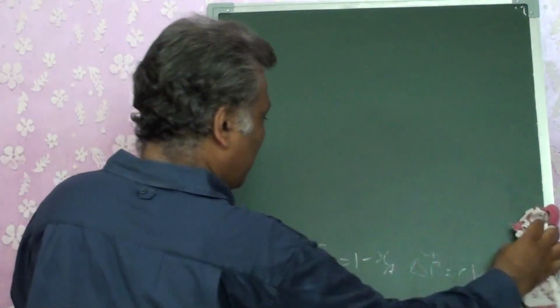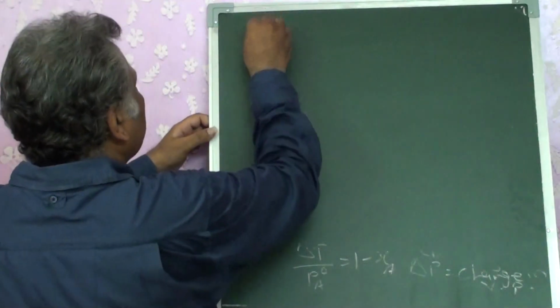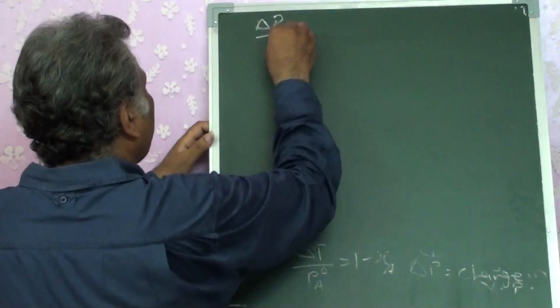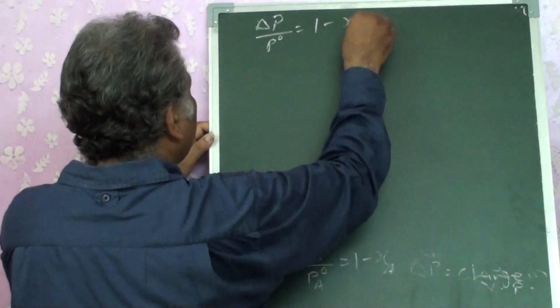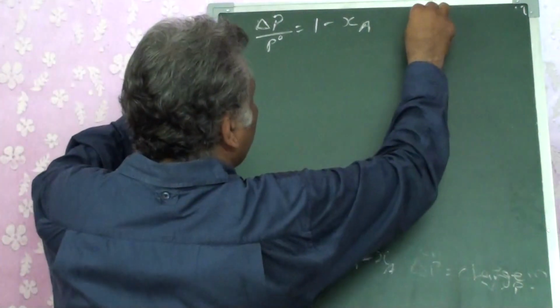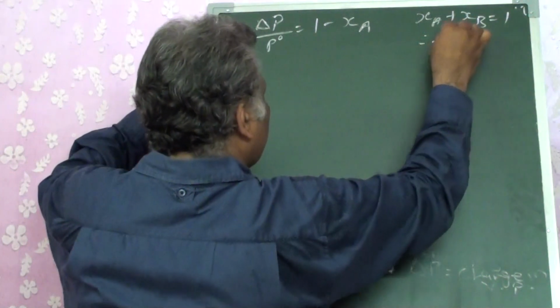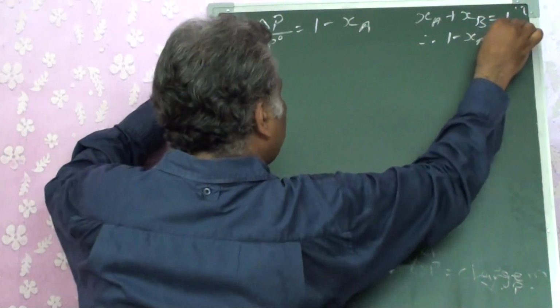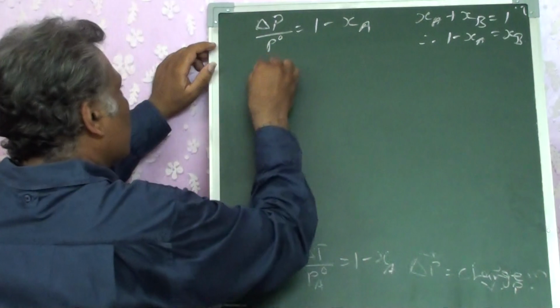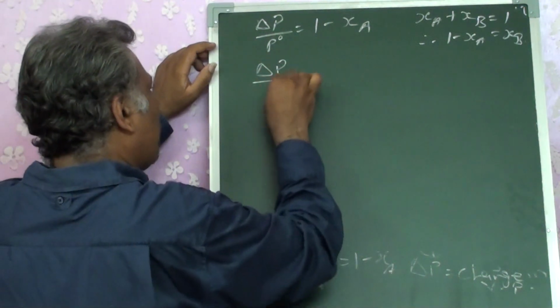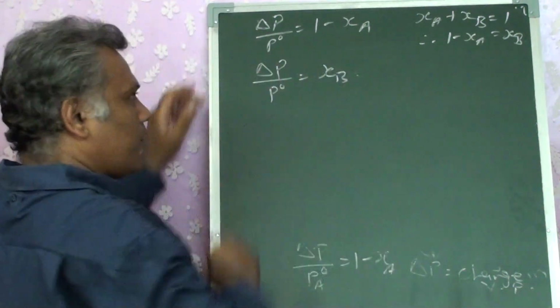We got the formula: delta P upon P naught is equal to 1 minus XA, and we know that XA plus XB is equal to 1. Therefore 1 minus XA is equal to XB. So delta P upon P naught is equal to XB.